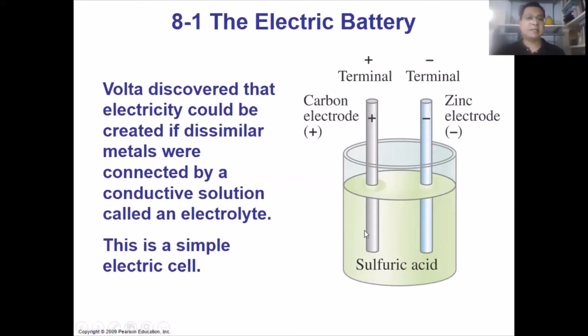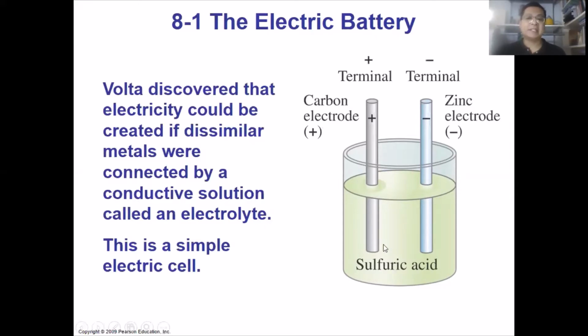By this condition, electrons will jump from the higher to the lower noble material. In this case, the carbon is the higher, acting as the positive electrode, and it reacts with the lower noble material.